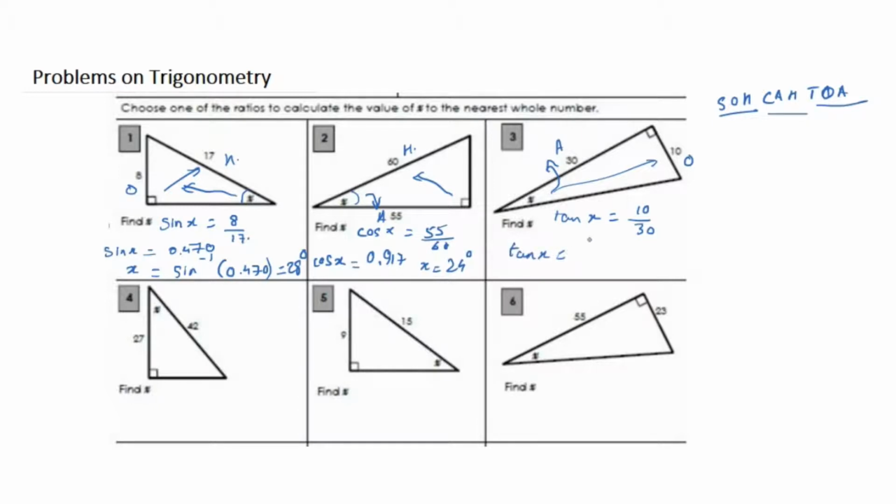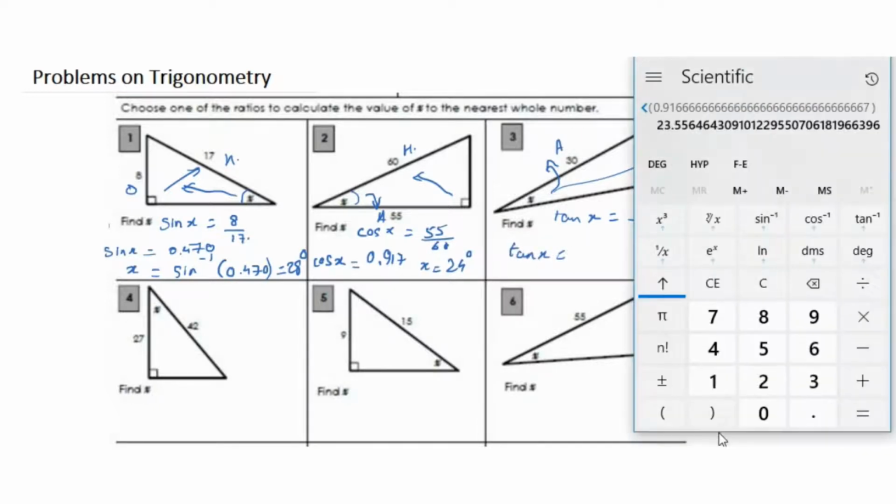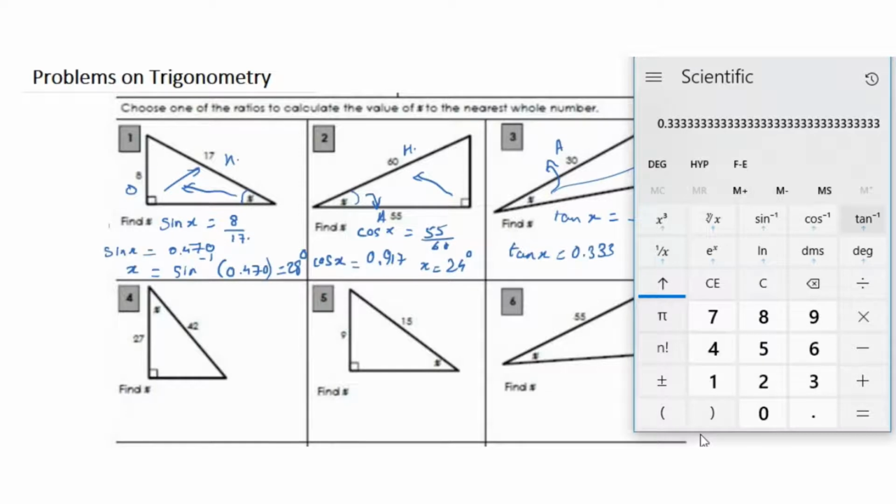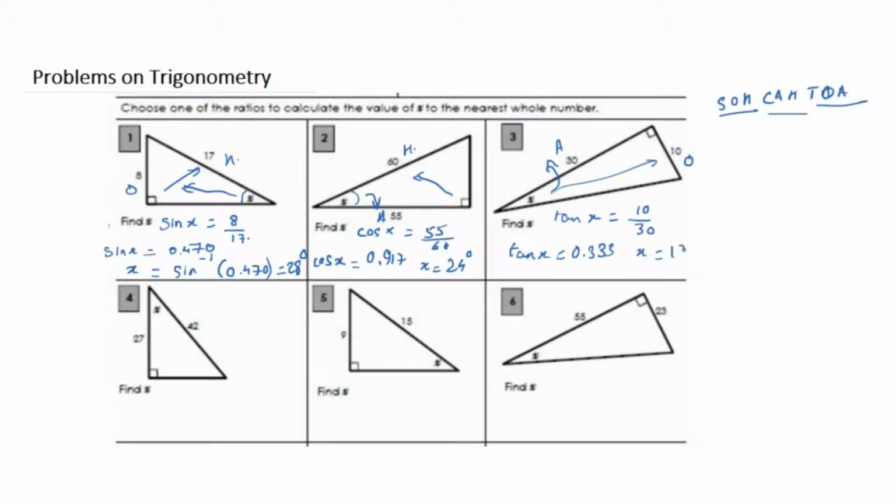Let's bring out our calculator. So 10 divided by 30, that gives us 0.33. Then we need to take out the tan inverse of that to get the value of x. So let me write this 0.333. Therefore, x will be tan inverse of this. So I click on tan inverse and I get 18.43. So to the nearest whole number, it's going to be 18 degrees.